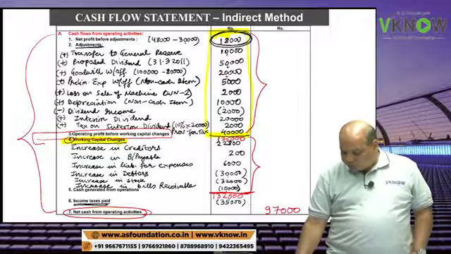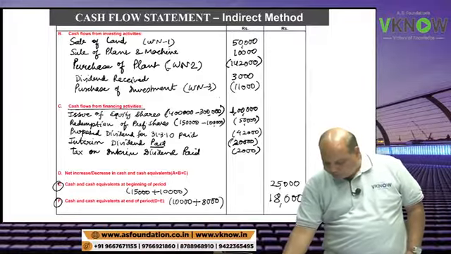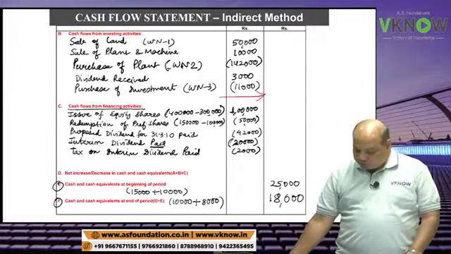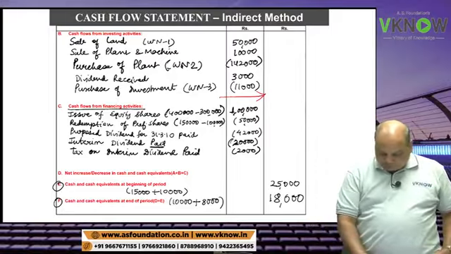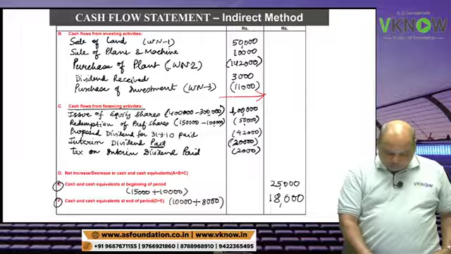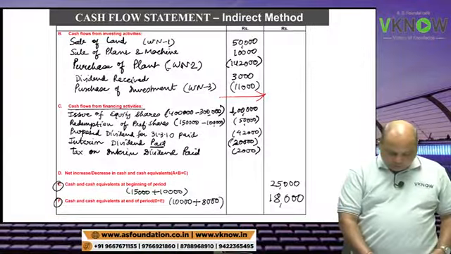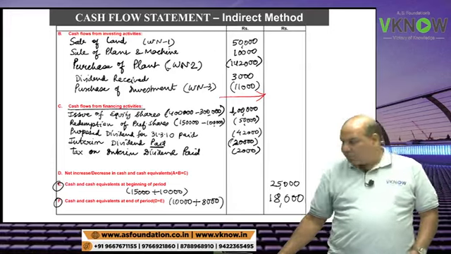So now I will come to investing activity. Please give me the total of investing activity. 50,000 plus 10,000 minus 1,42,000 plus 3,000 and minus 11,000.